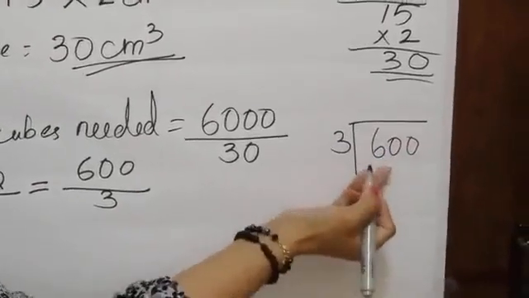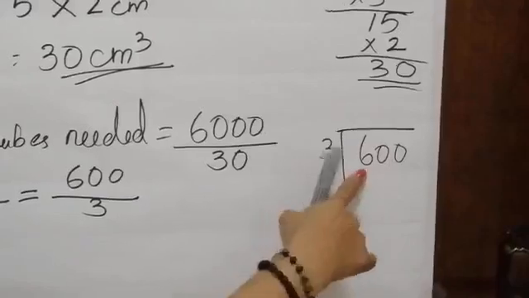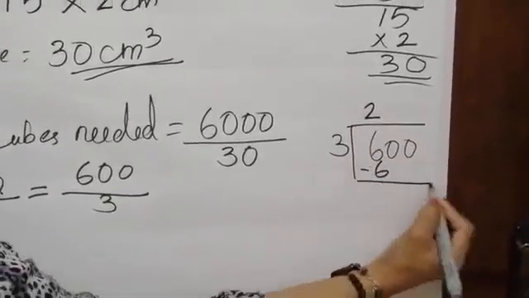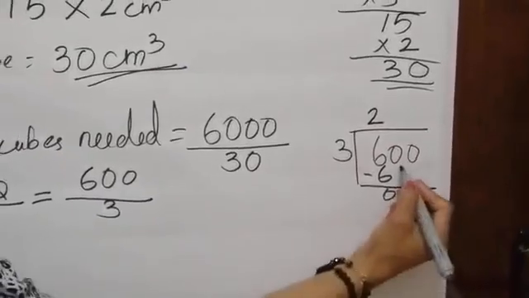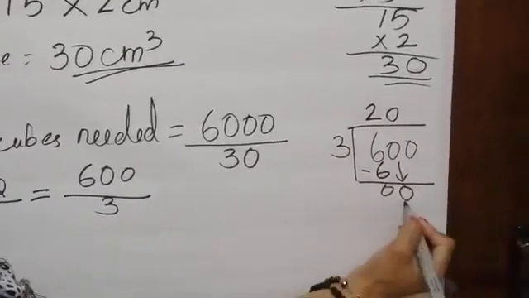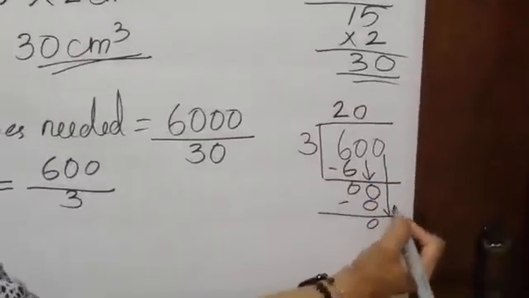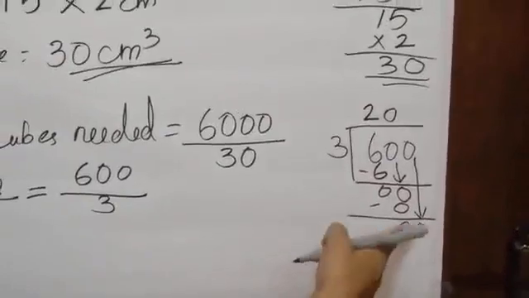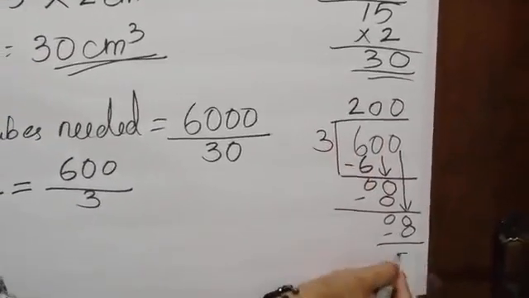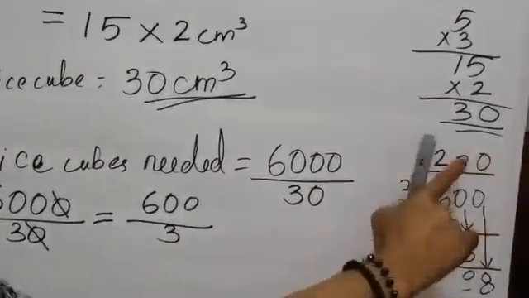Now you can do the division here. 3. In 6, how many 3s are there? 3 1s are 3, 3 2s are 6. So 2 times, 2 3s are 6. Subtract, we get 0. Bring down this 0. How many times will it go? 0 times. Subtract. One more 0 is left to bring, so that also goes 0 times. Now we got 200.